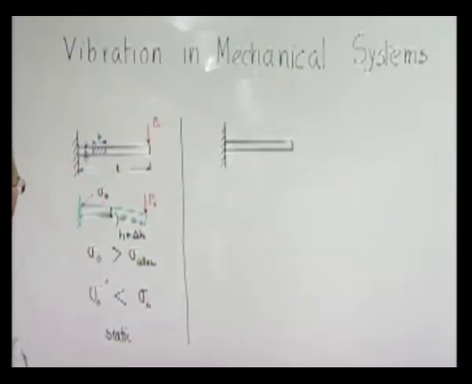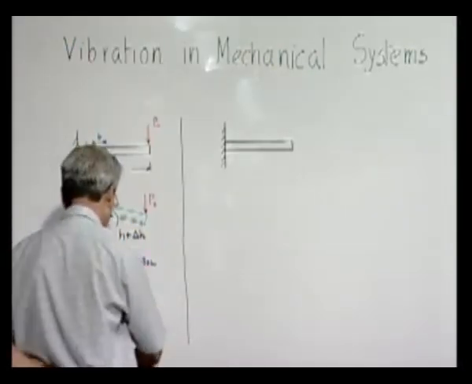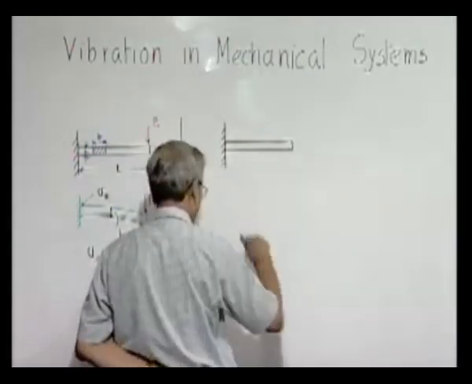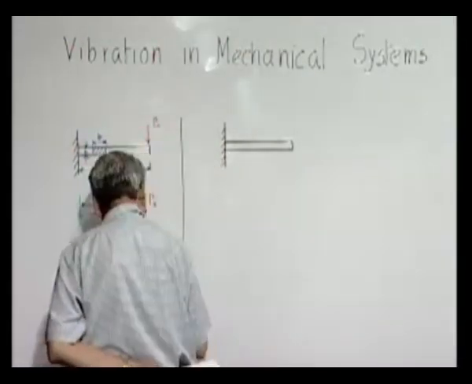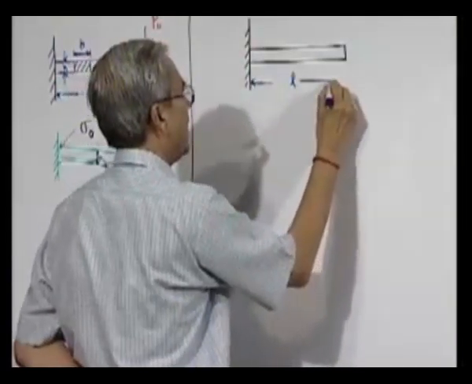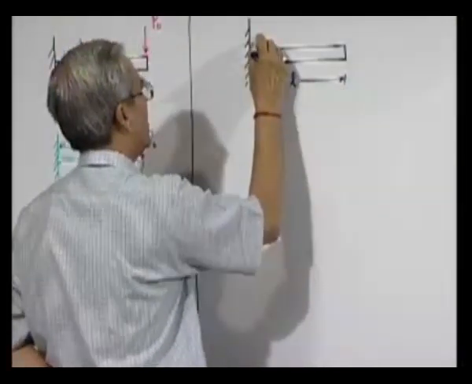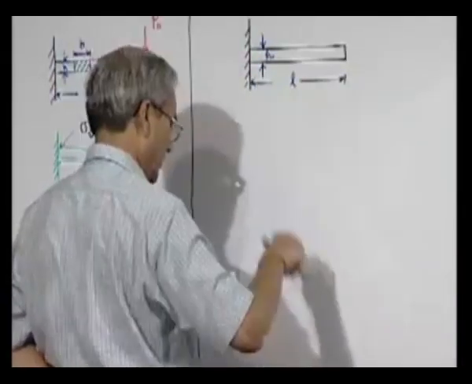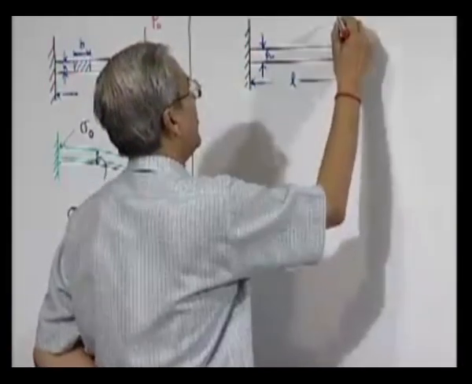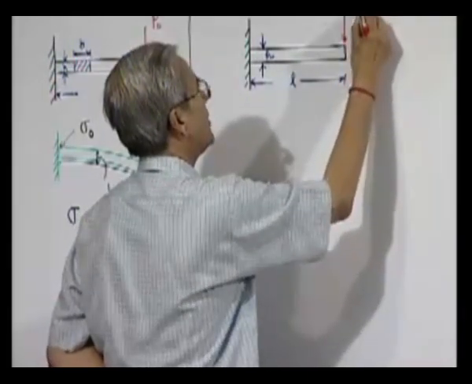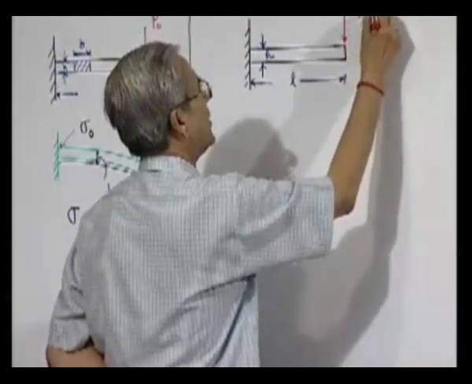Now in the dynamic case, as we have started showing, it is the same beam, that means it will have the same length, any length of course, thickness h, and say now that the load is fluctuating.